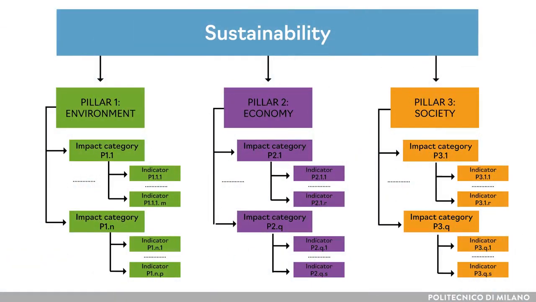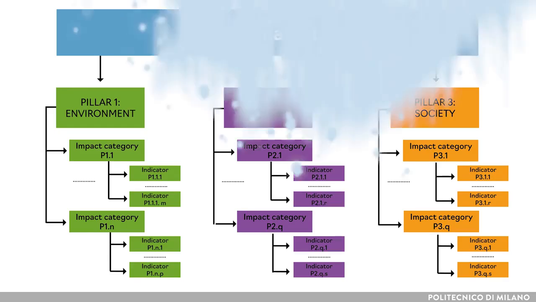A sustainable remediation is the best compromise among the environmental, economic, and social pillars. A quantitative evaluation is to be performed for each pillar by means of indicators, which are related to different impact categories. An indicator represents a sustainability effect which can be compared across options to evaluate their relative performance.